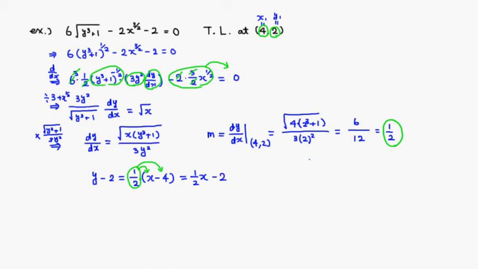Then get rid of the negative 2 by adding 2 to both sides, and the constants cancel out, so y is simply equal to 1/2 x. This is the equation of the tangent line that we are looking for. That's it. I hope that this was clear.